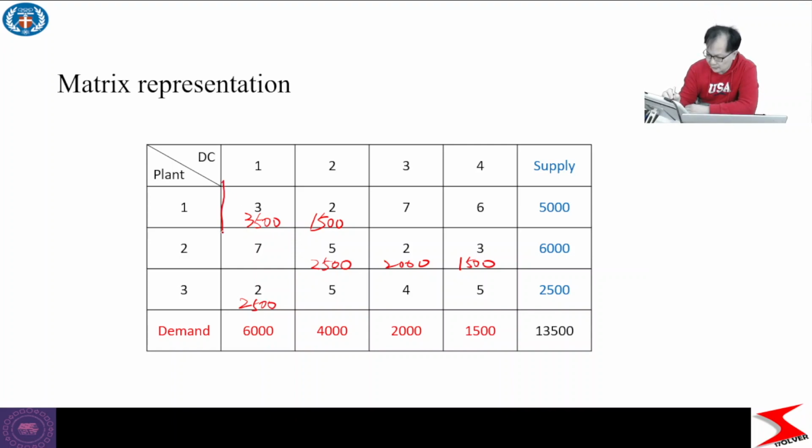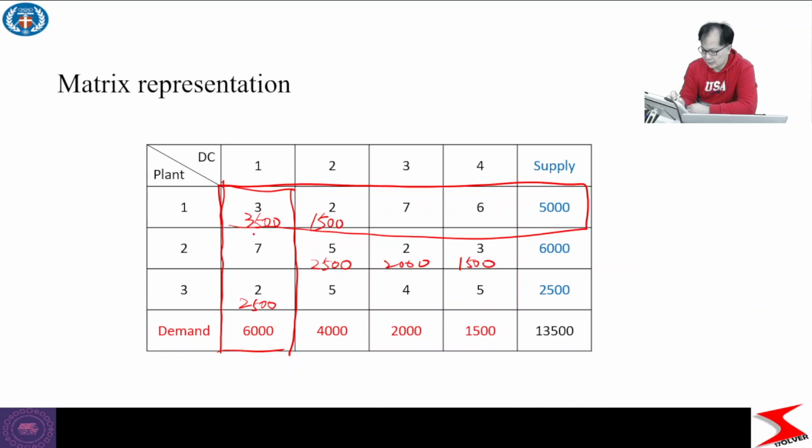For example, you can check this column: 3,500 plus 2,500 equals 6,000, right? So the result is correct. And then this one, you can check this row: 3,500 plus 1,500 equals 5,000, which is correct.